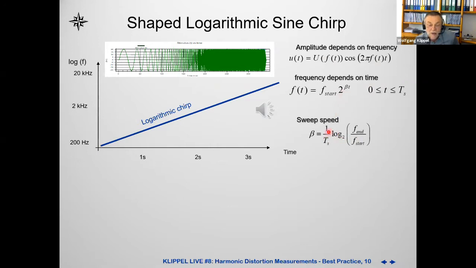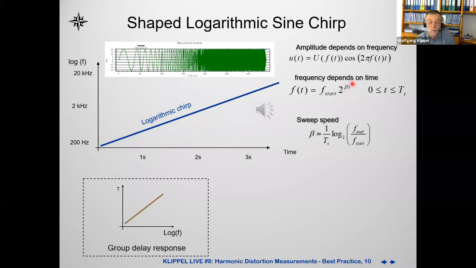So we have a constant logarithmic sweep speed. That's more or less this term here in the exponent, weighting the time t. From that, we can immediately calculate the group delay, which means that at a certain time we have a certain frequency over the sweep.